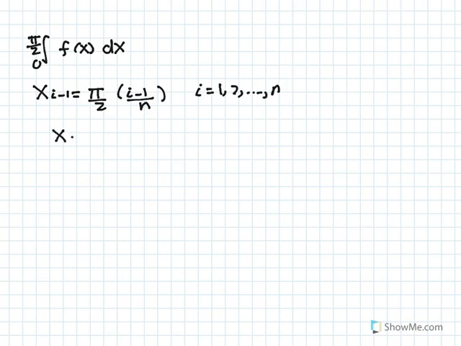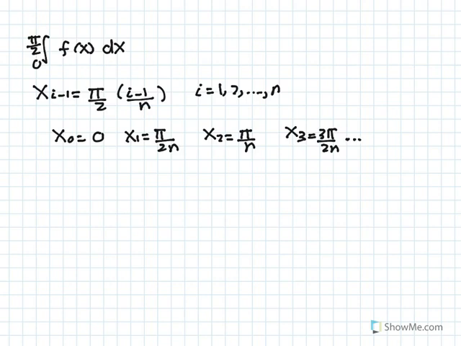So x0 is going to be, putting i equals 1 into the expression, 0. x1 is going to be pi over 2n. x2 is going to be pi over n. x3, plugging i equals 4 into this expression, is 3 pi over 2n. And xn, or x_{n-1}, is going to be pi over 2 times (n minus 1) over n.